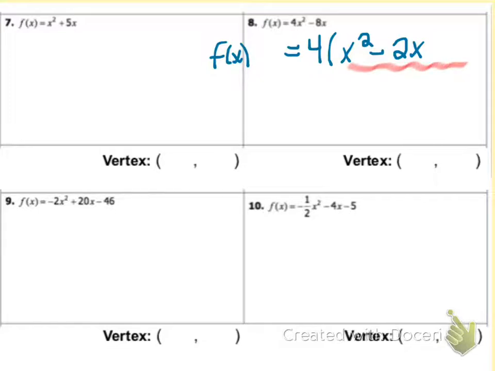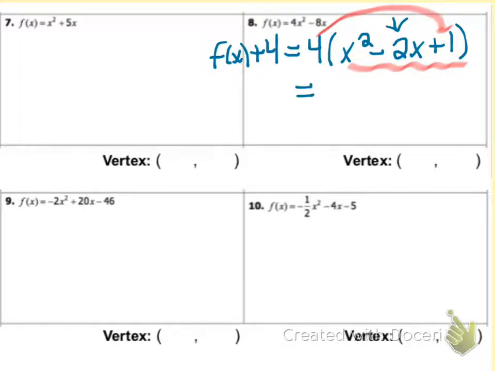So I'm going to take half the middle term, which will be -1, and when I square that, I get positive 1, right? So I added 1 to make this a perfect square trinomial, but what I really added was 4 times 1, right? Because there's that 4 that would be distributed through. So what I'm adding to the other side is positive 4.